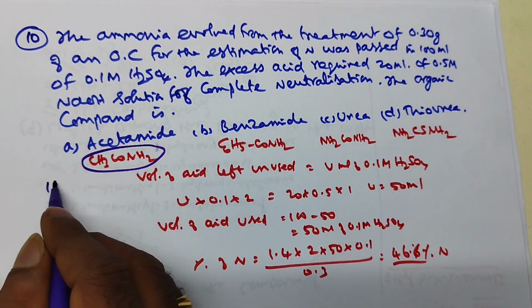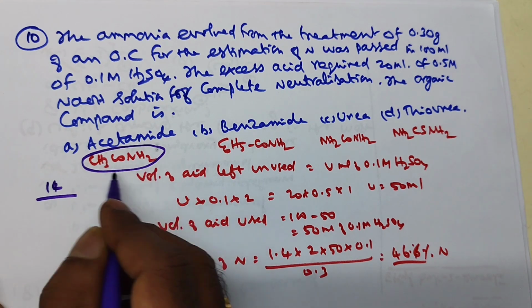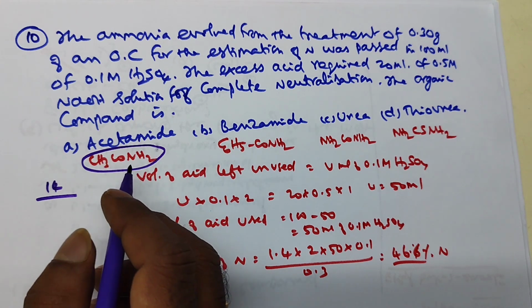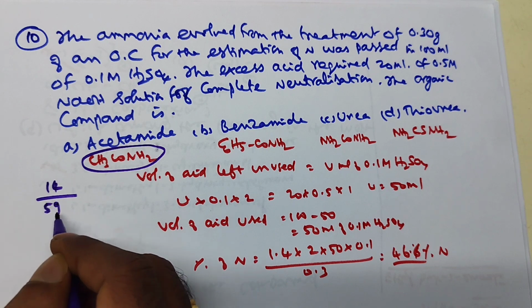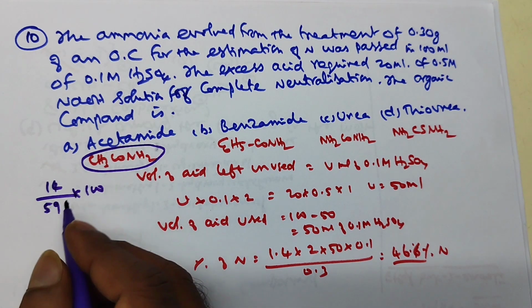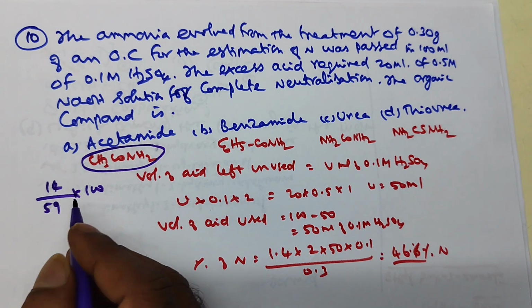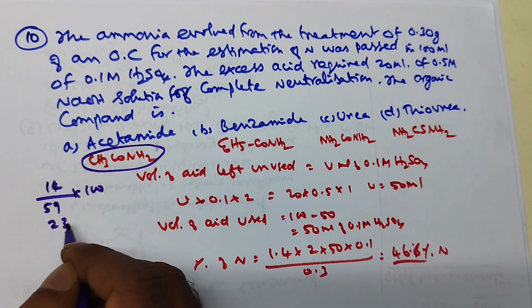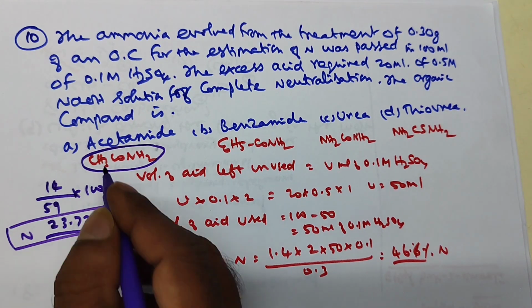Nitrogen is 14 divided by the total molar mass of acetamide, which is 59, into 100. So the answer is 23.72% nitrogen in acetamide.